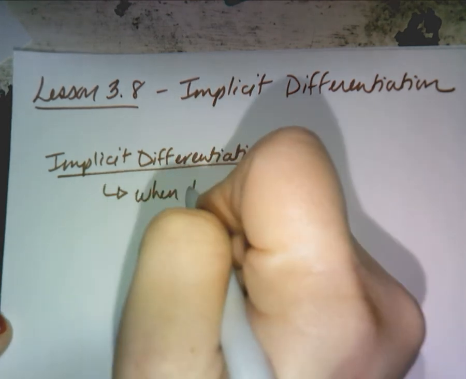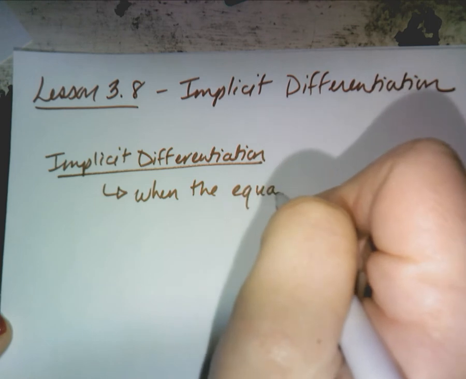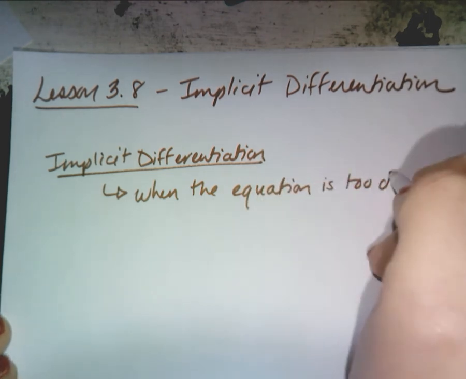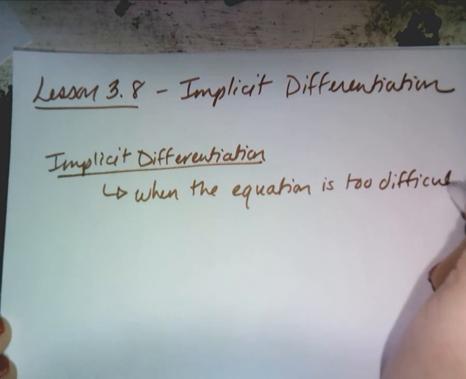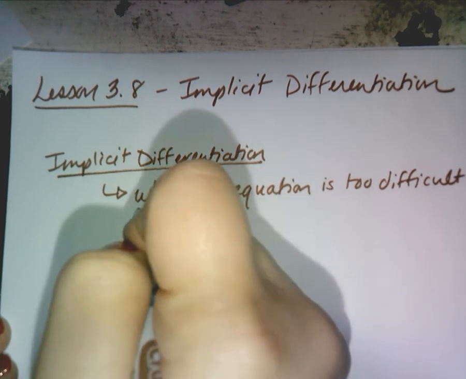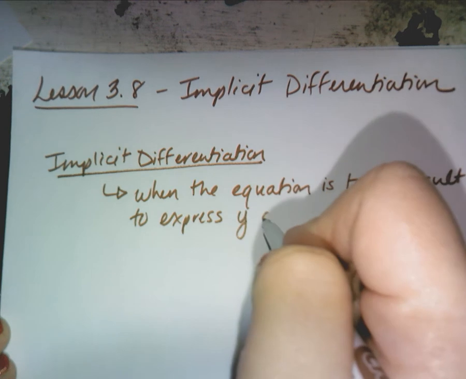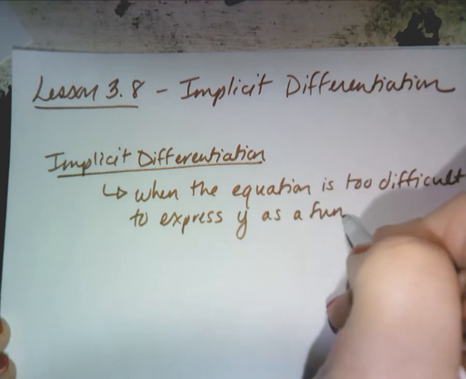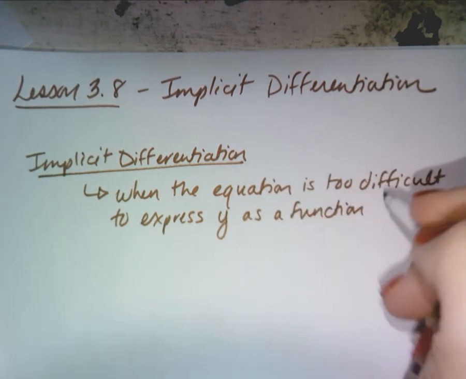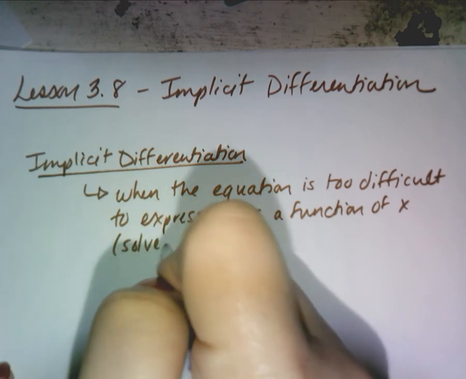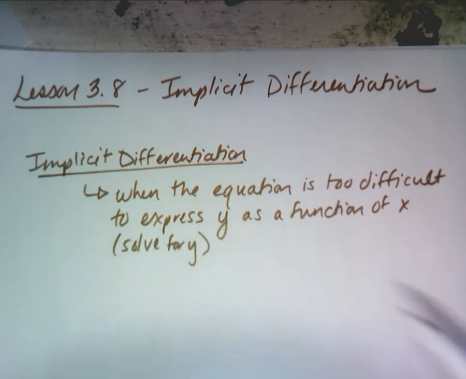So when the equation is too difficult to express y as a function of x, meaning, if you can't solve for y easily, you have to then do implicit differentiation.